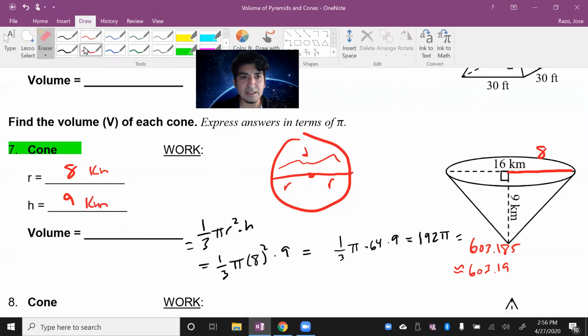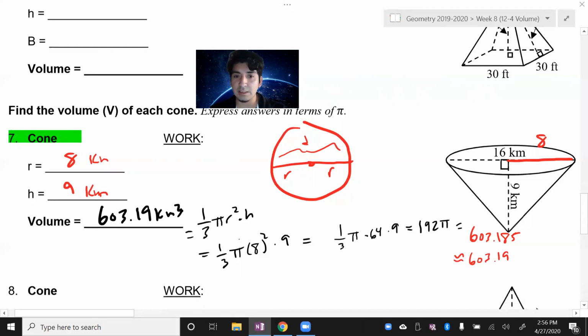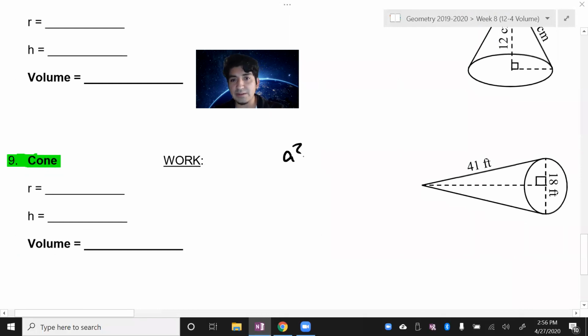You'll also need the Pythagorean theorem to solve for the missing height of cones. Like down here, when we're looking for this height, it's not the 41.